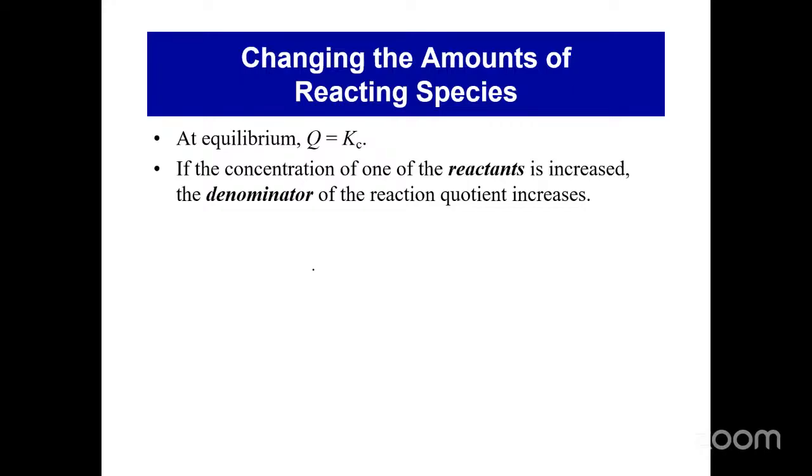So basically, Qc is equal to the concentration of products divided by the concentration of the reactants, all right? So let's say that you increase the concentration of one of the reactants, which means that this part here will increase, right?